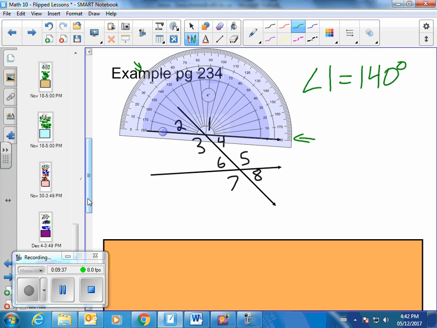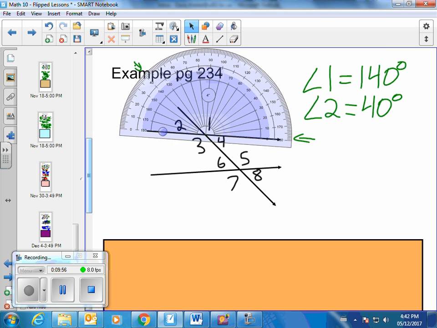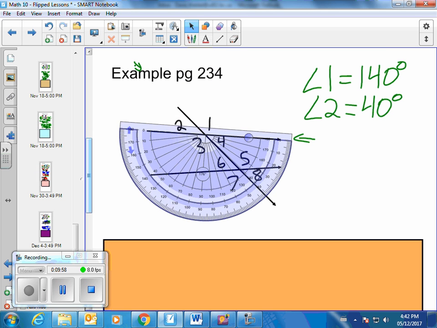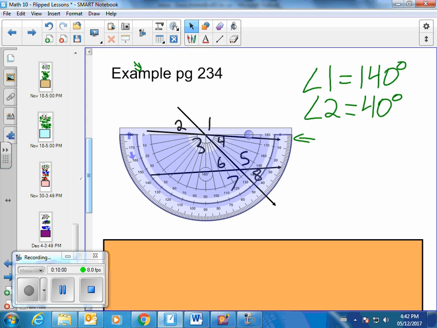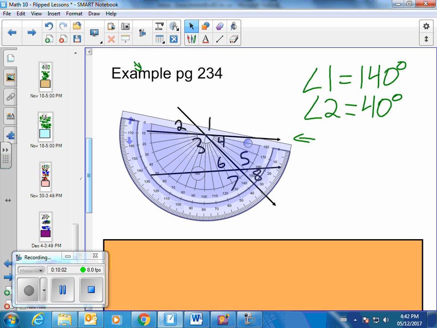Okay, so I'm going to set that up. I can quickly and easily figure out what angle 2 is because my protractor just so happens to be set up on that particular position. But if I look here, I know that angle 2 is going to be 40 degrees. Okay. I'm going to now spin this around and check how much angle 3 is.